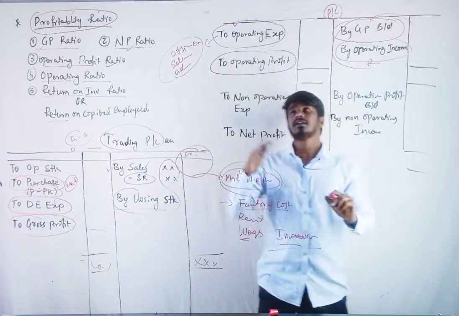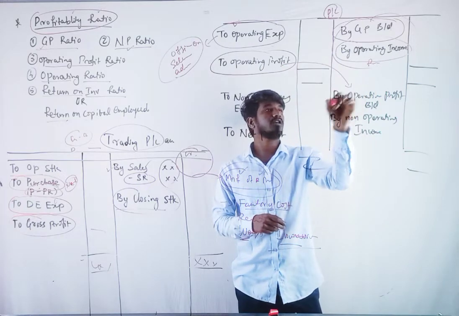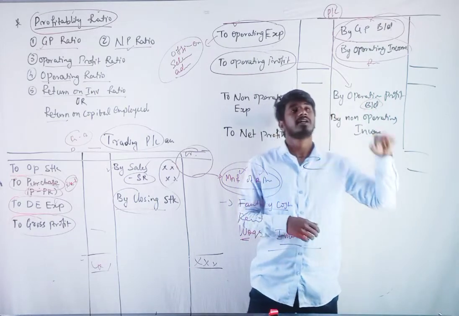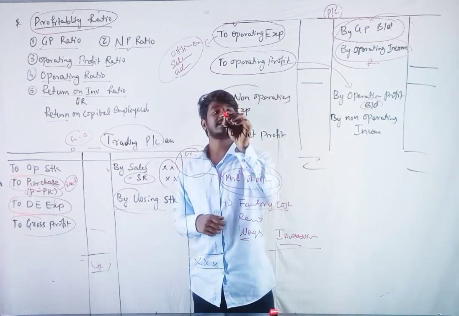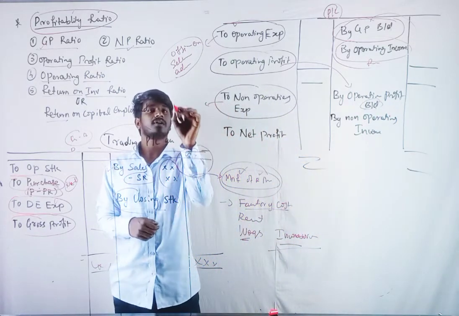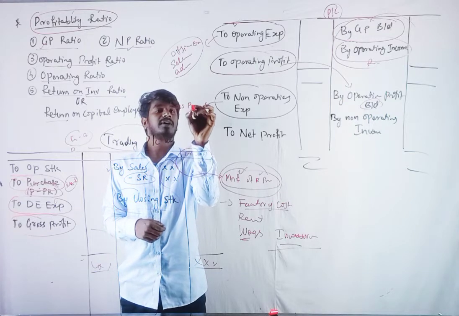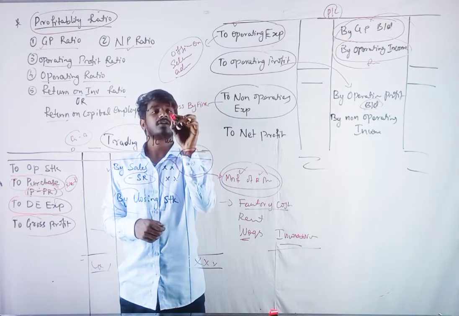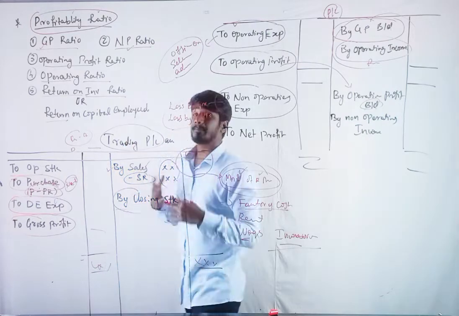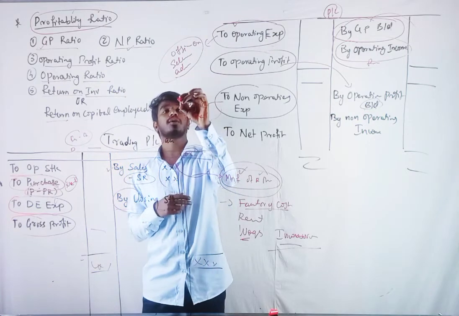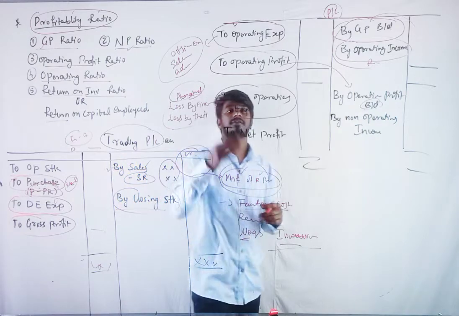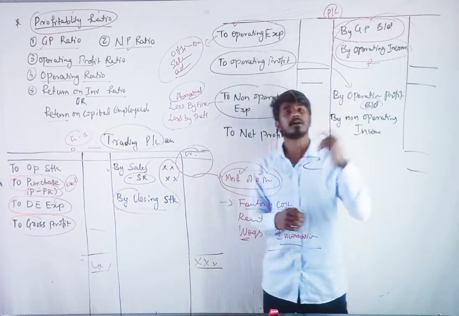Then in the P&L account only, we'll bring down the operating profit. From that operating profit, we will reduce non-operating items like loss by fire, loss by theft, like these abnormal losses, we will minus from the operating profit.